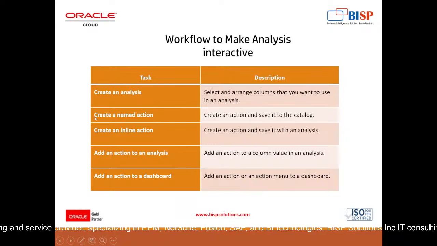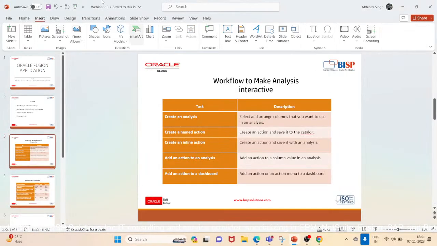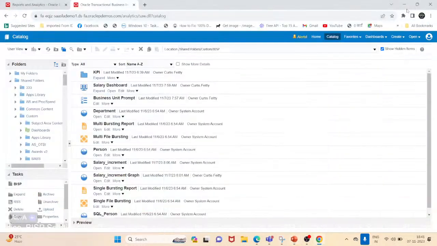We need to create a named action, or we can create an inline action. I'll tell you the difference in a bit. Then we need to add an action to our analysis, and after that we simply need to add an action to the dashboard. Either we can add actions to analysis, or we can add actions to dashboard. So let's go ahead and see how we can do that.